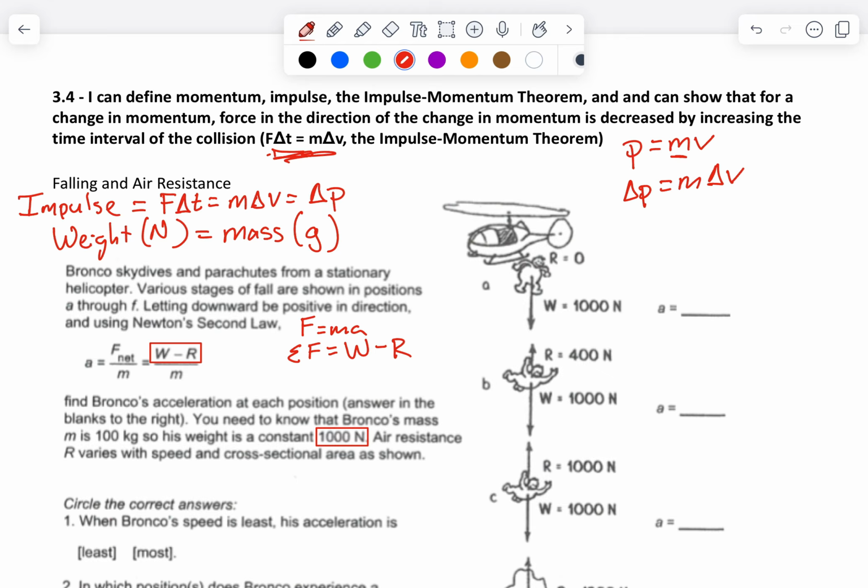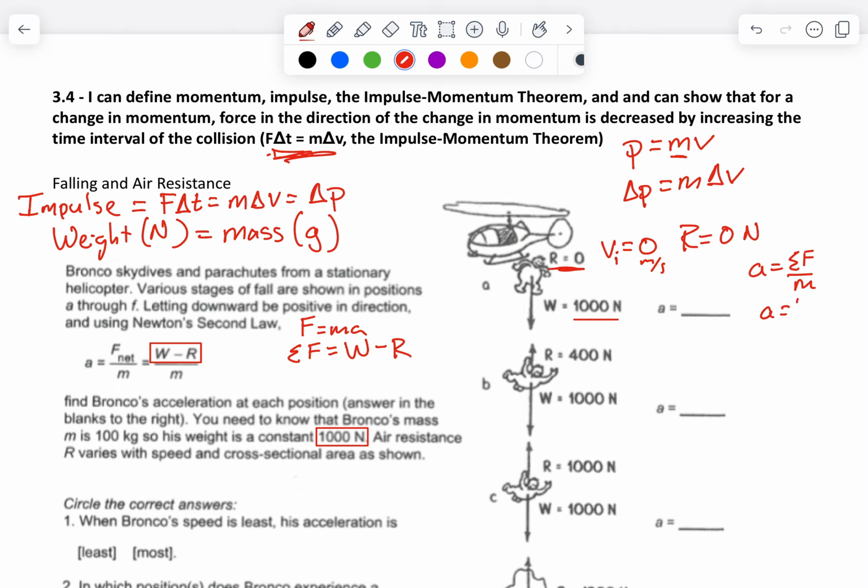So Bronco, as soon as he jumps out of the plane or the helicopter, has zero velocity in the y direction. So v is equal to zero, v initial is equal to zero. That means his air resistance force is equal to 0 newtons, velocity being in meters per second. So then his weight force is 1,000 newtons. And so now I look at, okay, his acceleration is equal to the sum of all forces divided by mass.